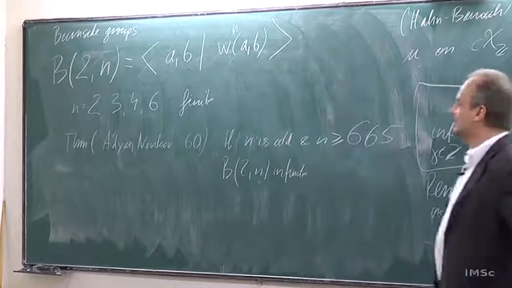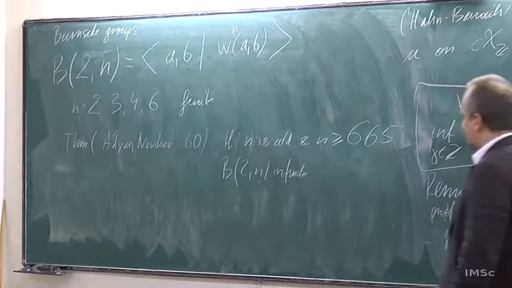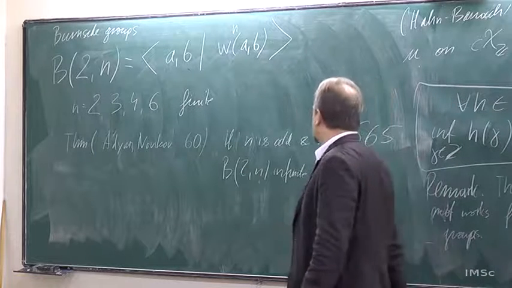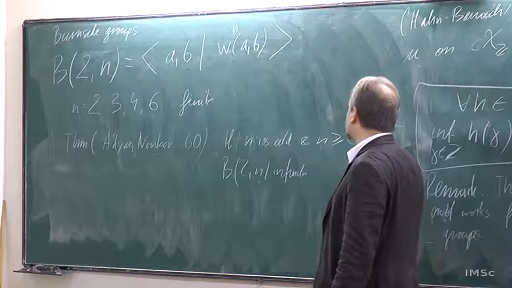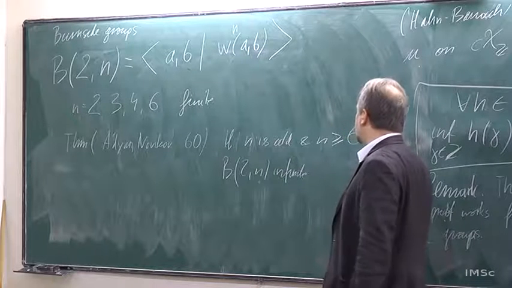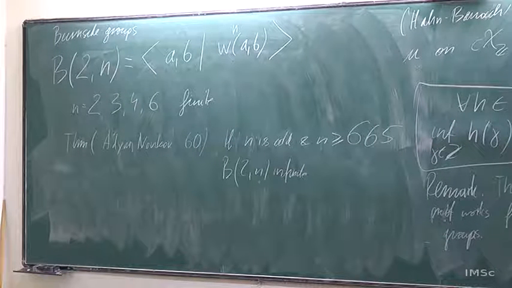Well, okay, and so the proof, which takes hundreds of pages, actually one can reinterpret this proof that it's infinite to prove that it's non-amenable.